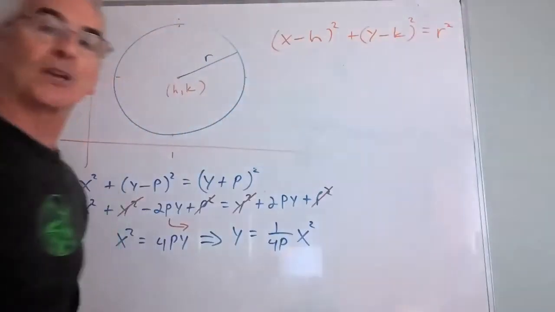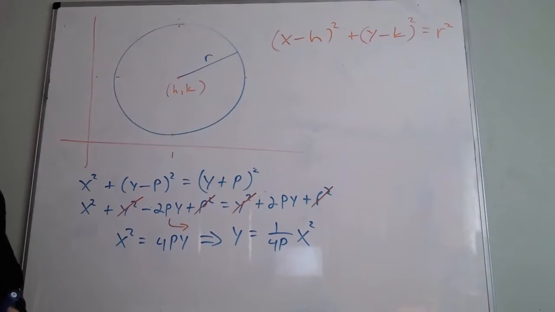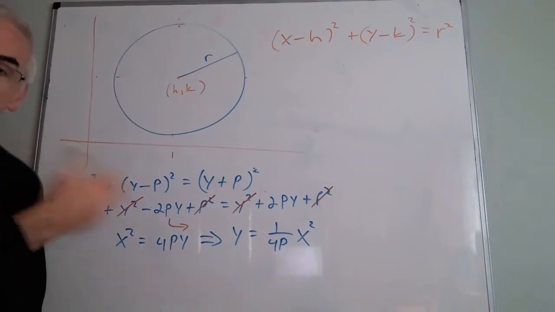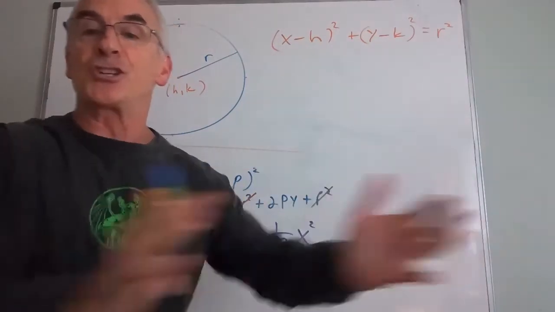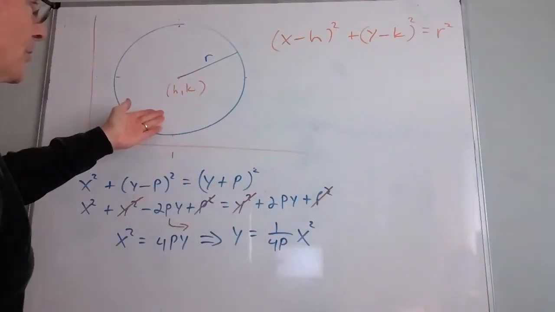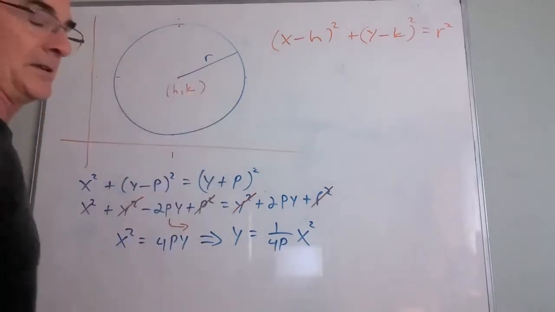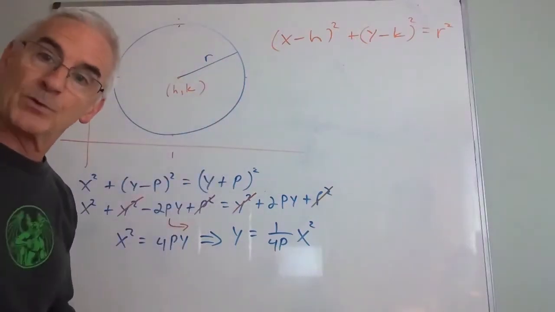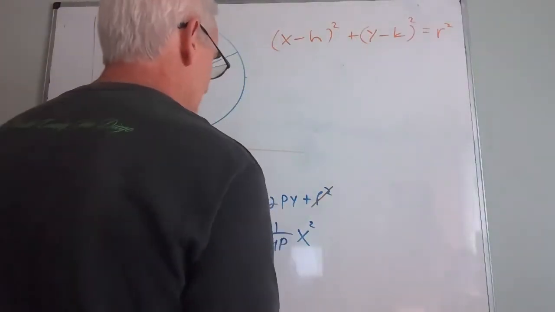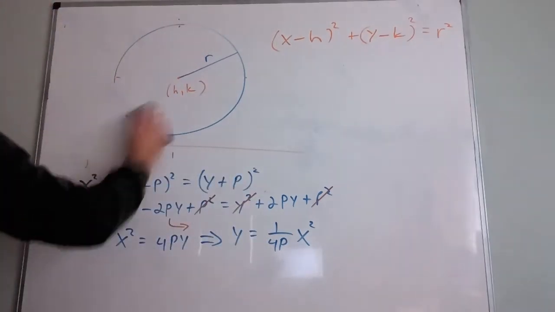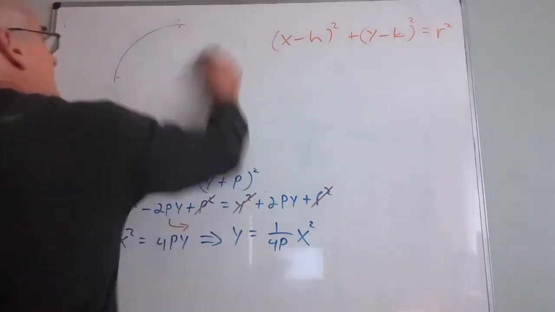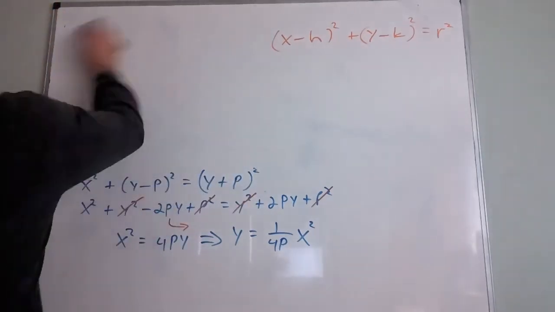And this is the most general form of a circle of radius r centered at h, k. We know this from algebra. I'm not proving this today. But the idea is if I shift, I didn't change the shape of the circle. I just took the circle and moved it. So we want to do the same thing now with the parabola. We want to have it not start at the origin, but start at some other place, like maybe h comma k. That's kind of our universal starting point.